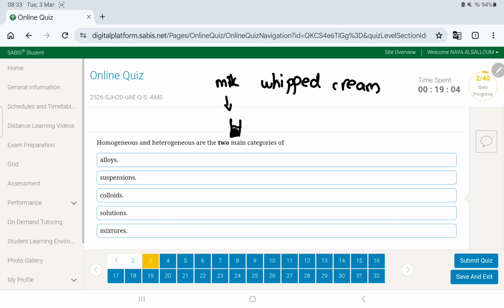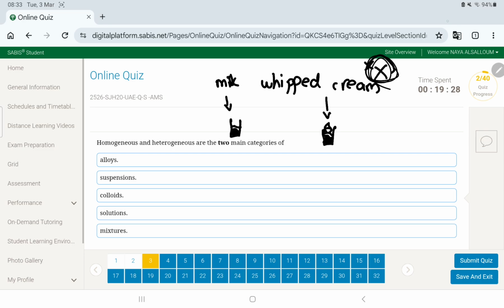This is why it's a colloid. Whipped cream also, if you have, let's say this is the water, and then you pour the whipped cream on top. Let's say here, this is the whipped cream. Will it settle? No. Will it dissolve? No. But you guys might say, when you mix it, it will dissolve. Yes, but when you leave it like that, it won't dissolve.